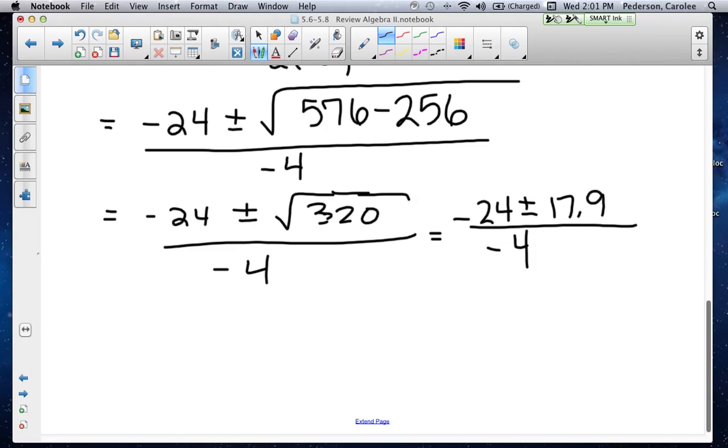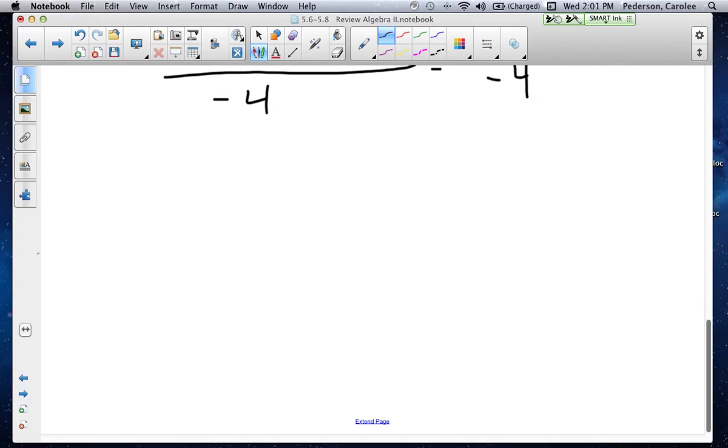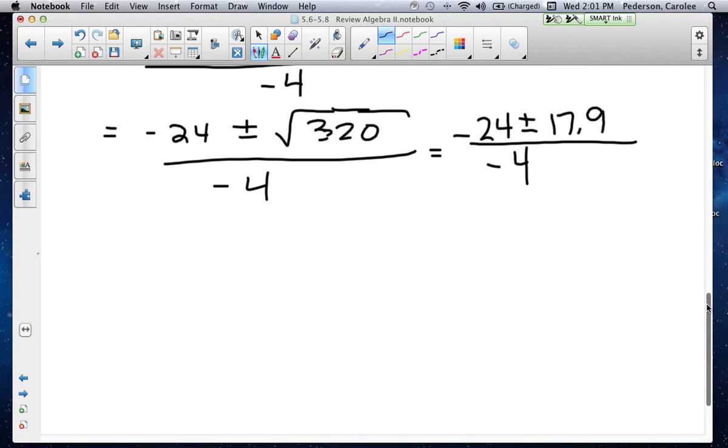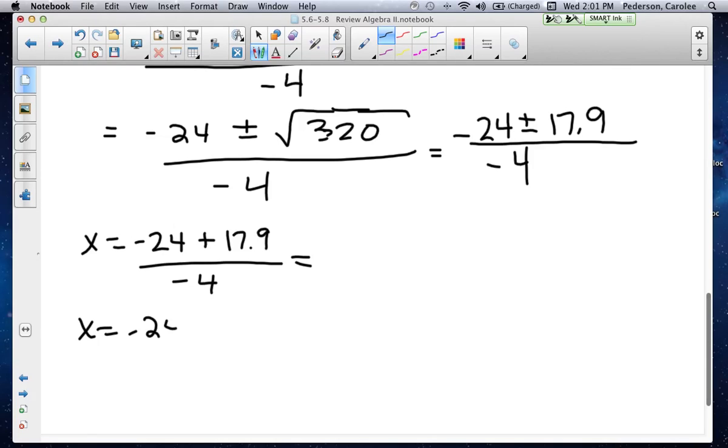And then break it up into its two scenarios. X equals -24 plus 17.9 over -4, and x equals -24 minus 17.9 over -4.